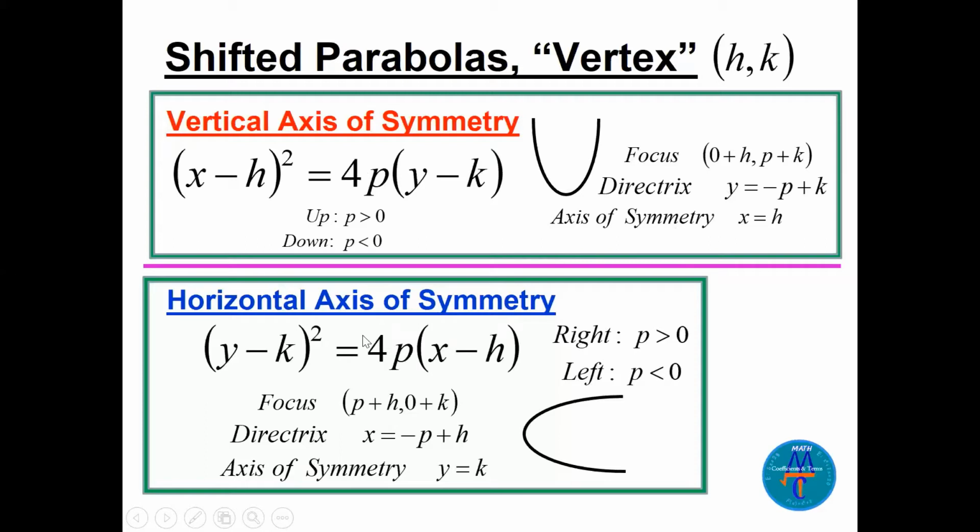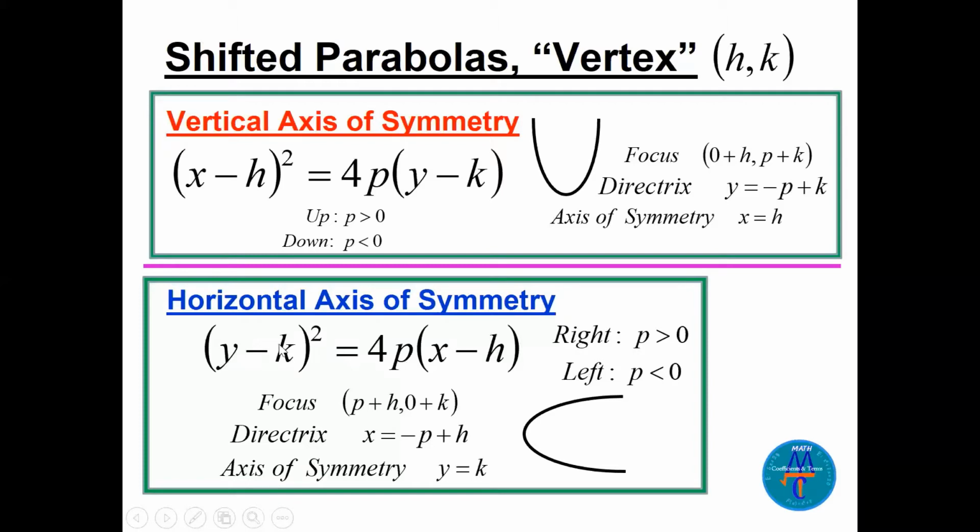If we go to the other type of parabolas, opening to the right or left, we call these horizontal parabolas, where the axis of symmetry is horizontal. So the equation will be (y minus k) squared equals 4p times (x minus h).